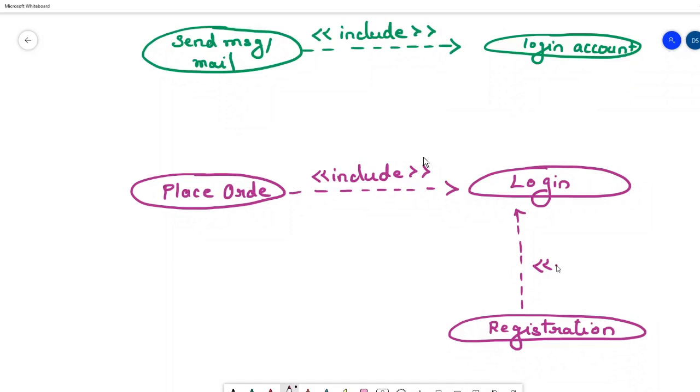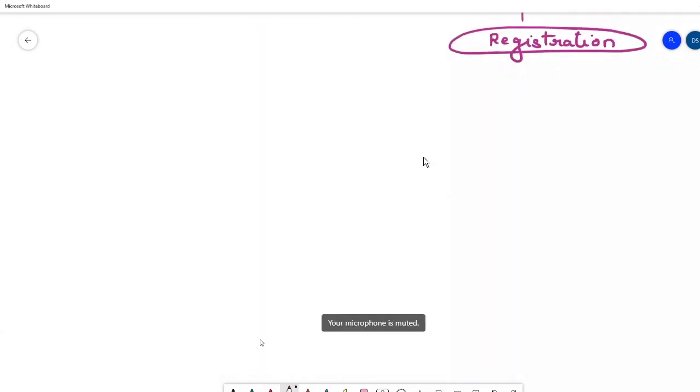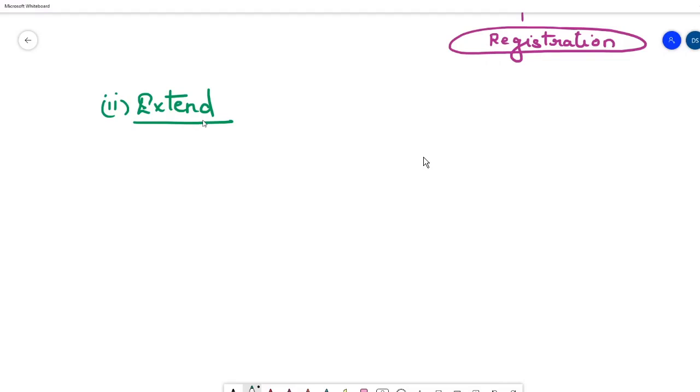Now let's see what extend is, a relationship among the use cases. Extend, the name itself says we have derived something or we have extended the functionality of a class or a use case or something of that sort.